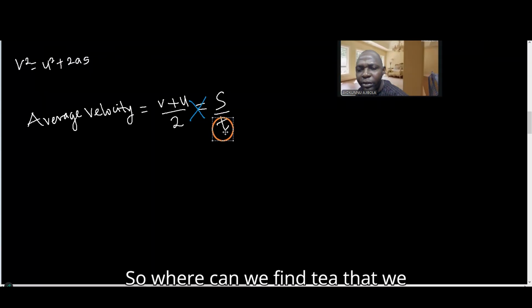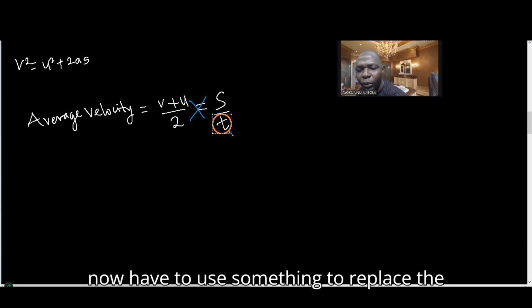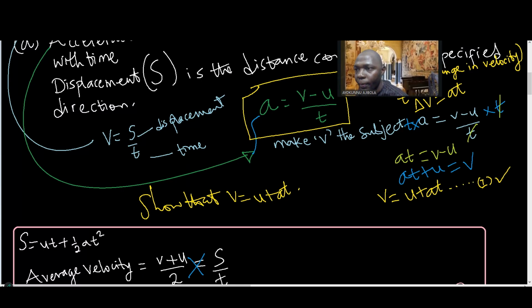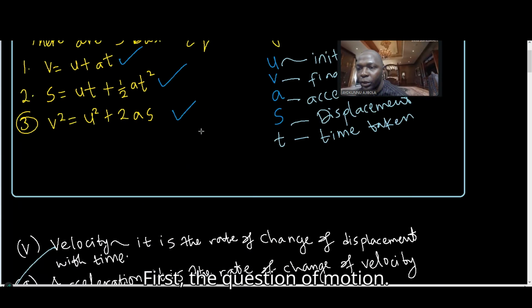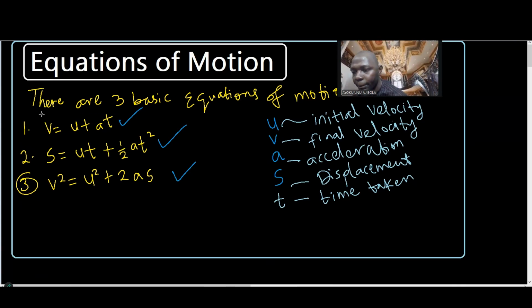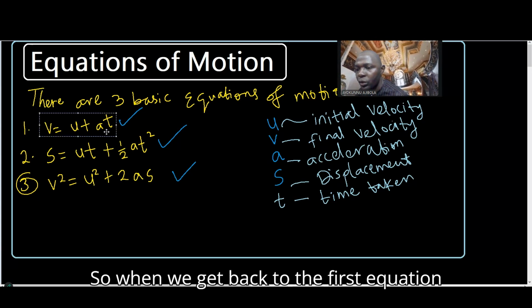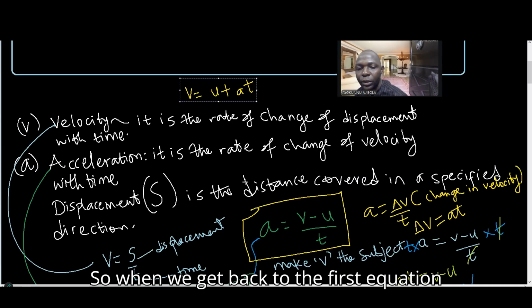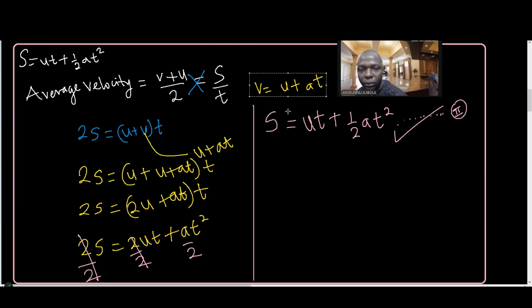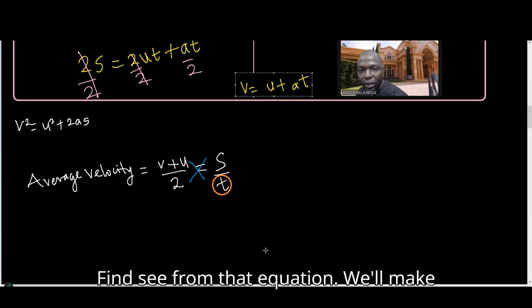So where can we find t, so that we have to use something to replace the t? We'll go back to the first equation of motion and find t from that equation.